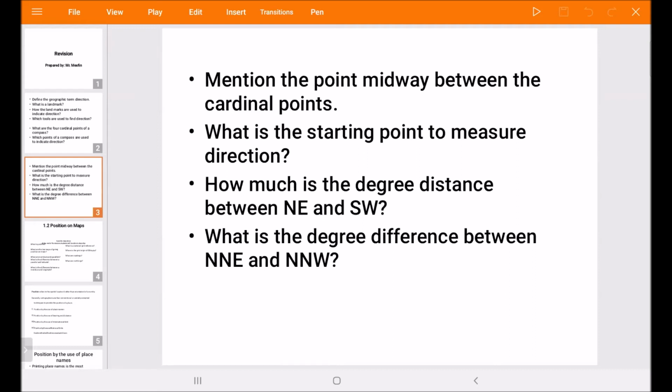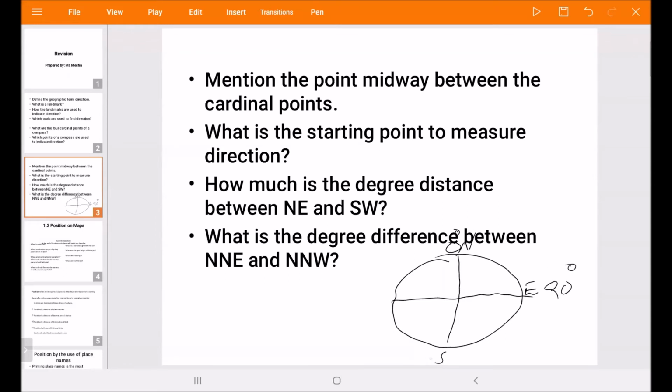Okay, so like that. For example, when we draw all the directions roughly, here 0 degree north, here east 90 degree, south 180 degree, west 270 degree.